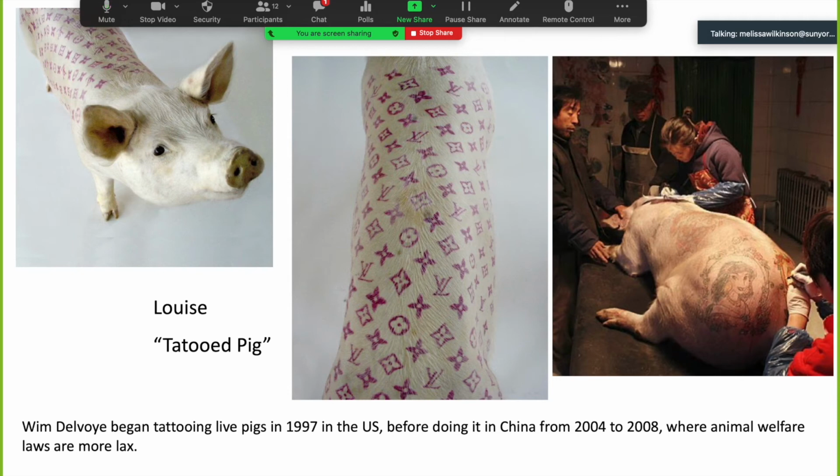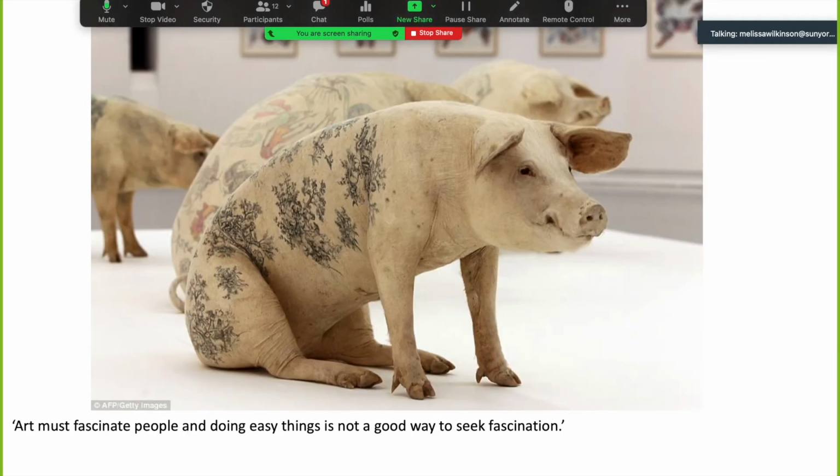And he was actually tattooing Disney figures and brands onto live pigs that were anesthetized, so they were not feeling pain when this was happening. And he actually raised these pigs to be slaughtered, and when the pigs were slaughtered, they would be stuffed and taxidermied, and they sell for a good deal of money, like $50,000.